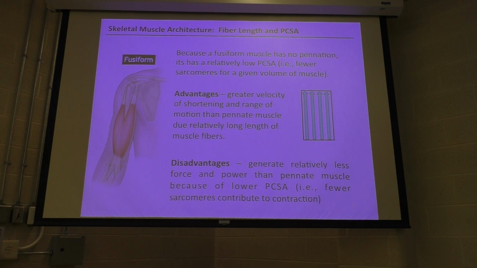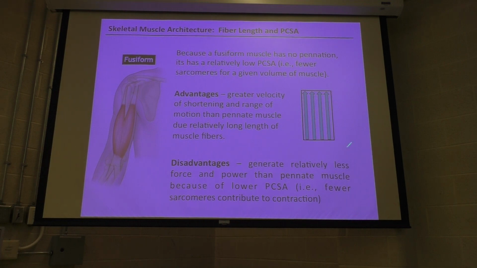So the advantages of that are basically what I just outlined here. You have more sarcomeres in parallel, and the fibers are pretty long, so they can shorten with high velocity. And this is really good over the angle of flexion. You can do this quickly, and it's a long-acting lever arm.